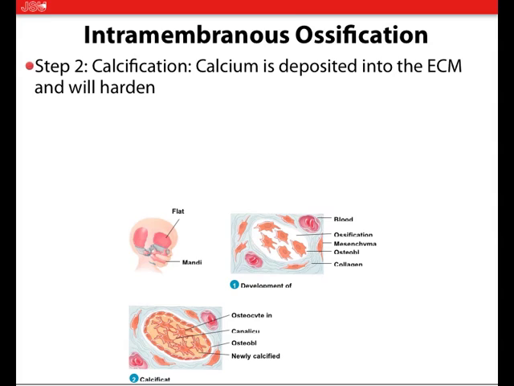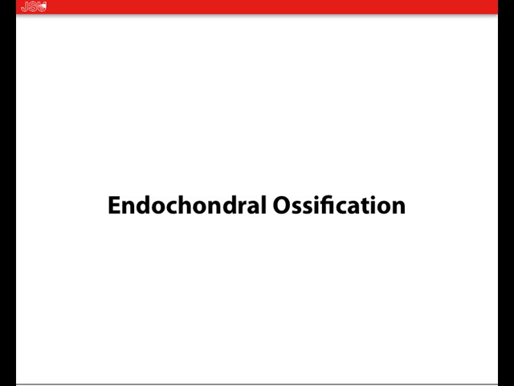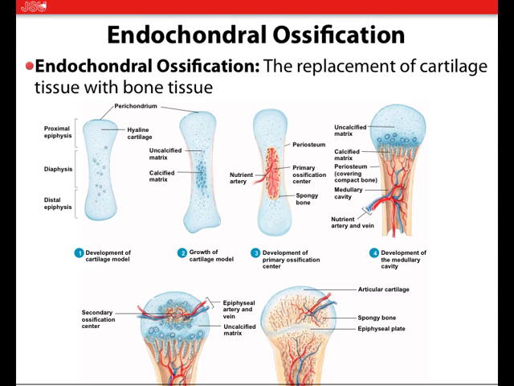Or if you saw this kind of picture, you would see it's intramembranous ossification. Okay. Endochondral, this is the one where you're forming long bones. This are bones in general. This one, it replaces cartilage with bone tissue. You're going to see this in development.